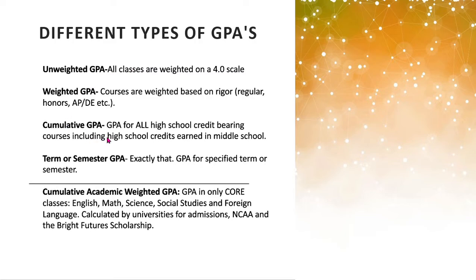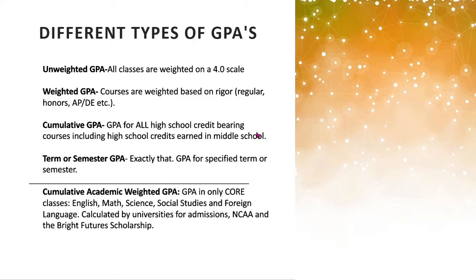Now, cumulative GPA versus term or semester GPA. So cumulative, I want you to think about the accumulation of grades. This is going to be the GPA for all your high school credit bearing courses, including any credits that you earned for high school in middle school.